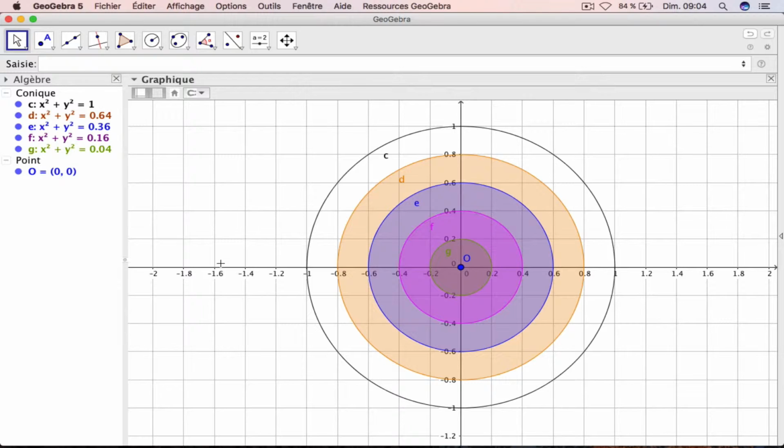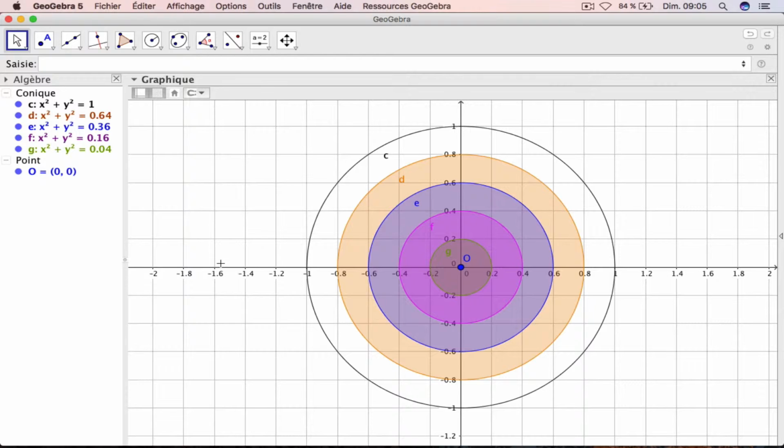The radius is 1, and the orange circle's radius is 0.8, so that's 8 over 10, and the blue circle's radius is 0.6, so that's 6 over 10, and the pink circle's radius is 0.4, so that's 4 over 10, and the green circle's radius is 0.2, so that's 2 over 10.